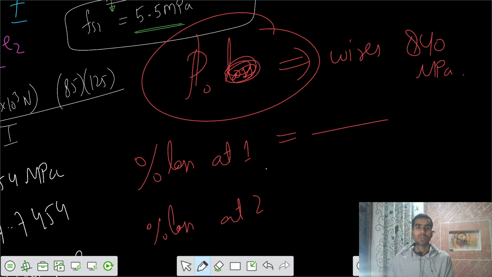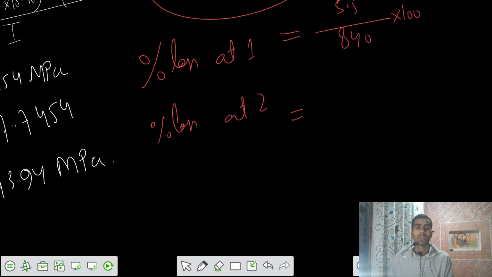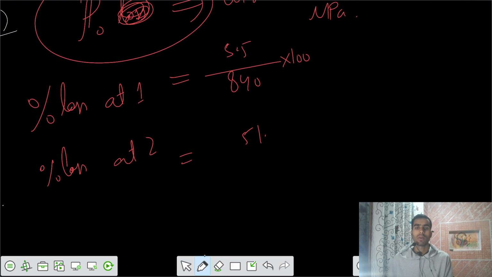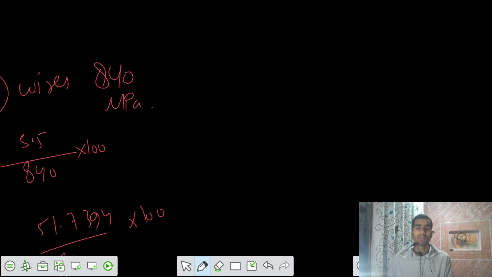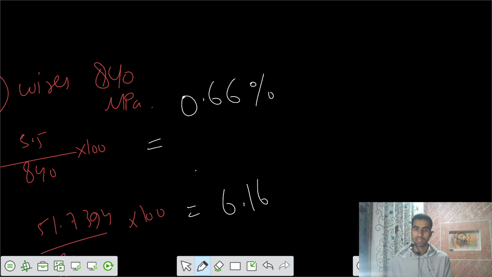That would be FS1 by 840 times 100, and the second one would be 51.7394 divided by 840 times 100. So your loss of stress in the steel wires at locations 1 and 2 comes to be 0.66% and 6.16% respectively.